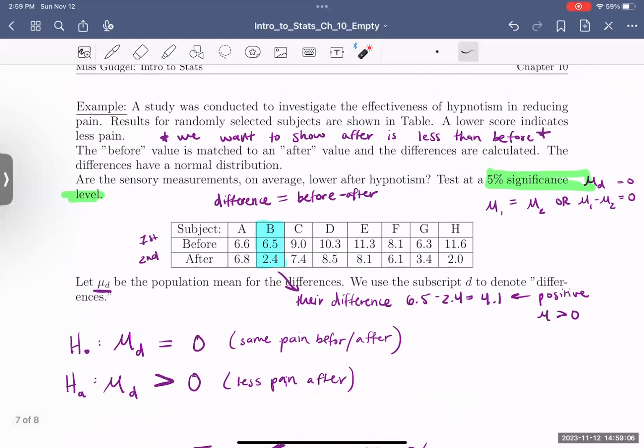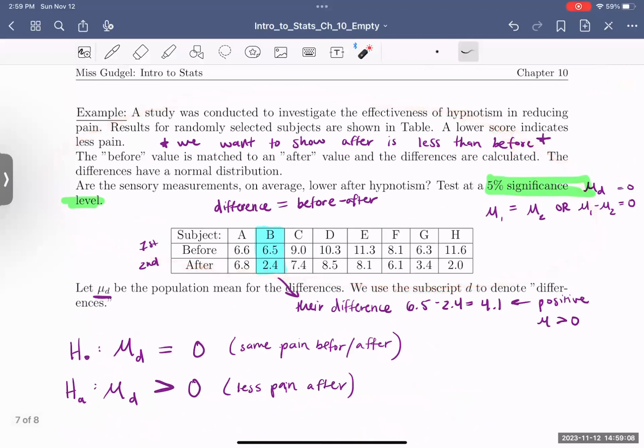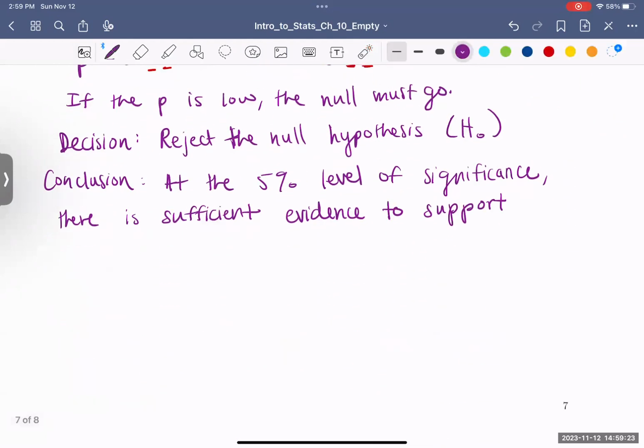Now, talking back to what we actually were dealing with here, that doesn't sound all that great. We want to say to support or to conclude that the sensory measurements on average are lower after hypnotism. That's what we were trying to show. We were trying to show that they were lower after hypnotism.